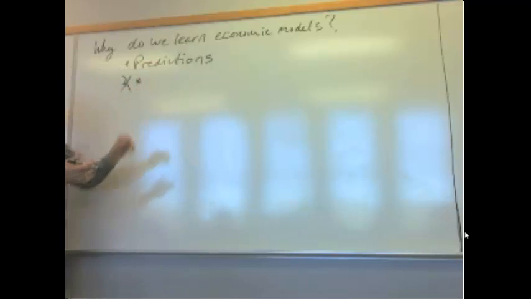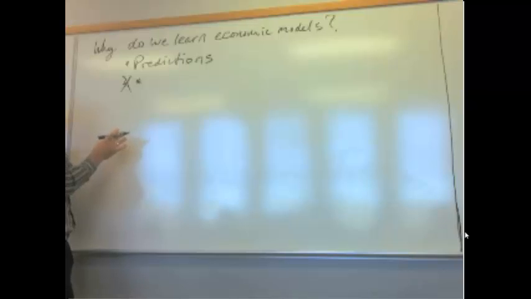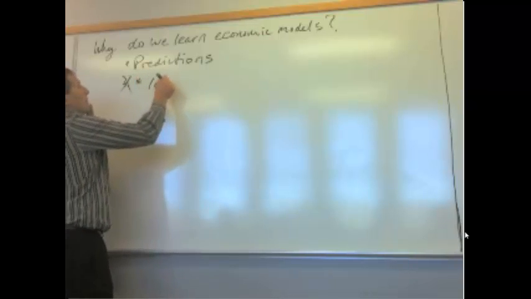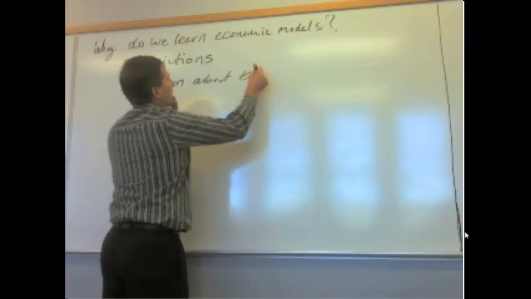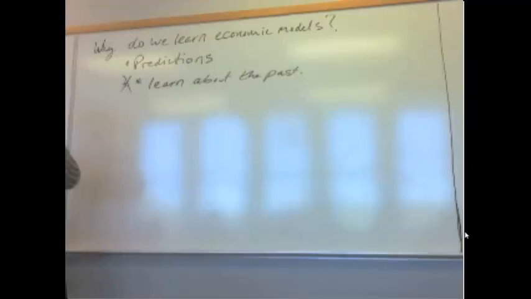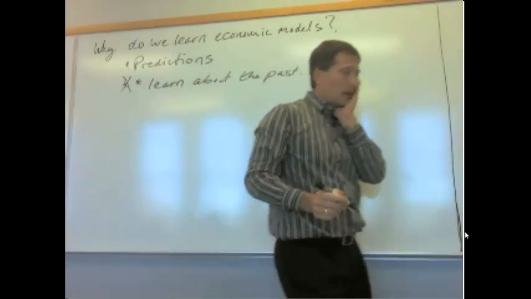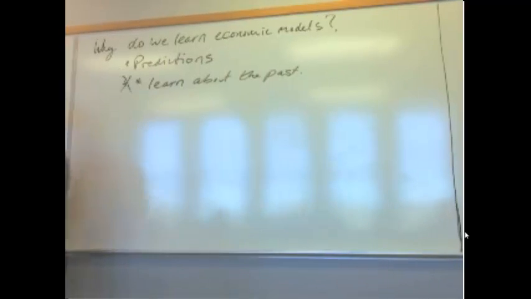So it kind of comes back to maybe the ultimate intent of trying to make things better for the future, but it can help us learn about the past. Okay, so that's the reason we draw all these supply and demand curves and try to bring about some understanding.